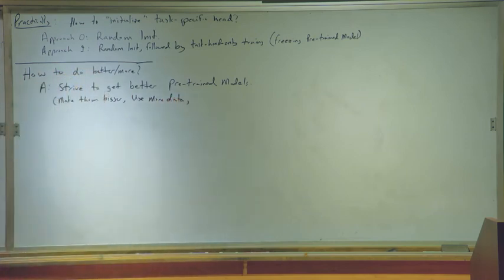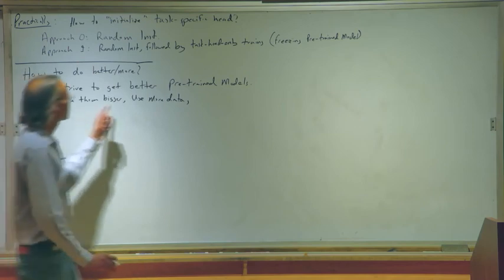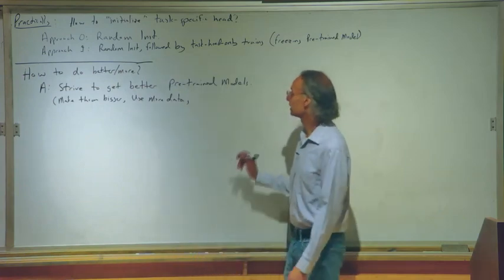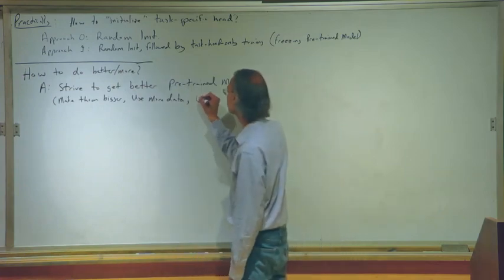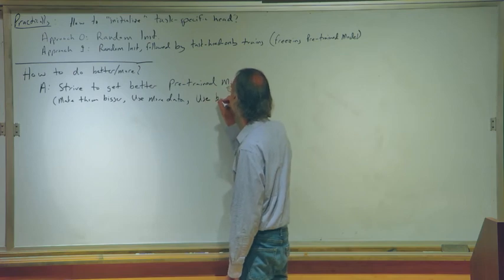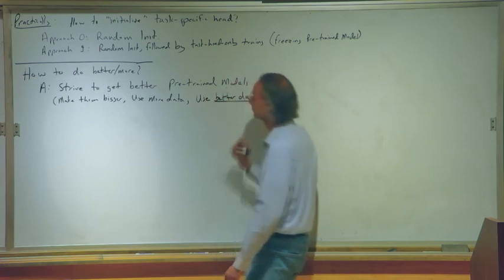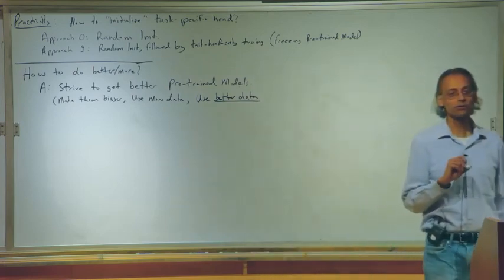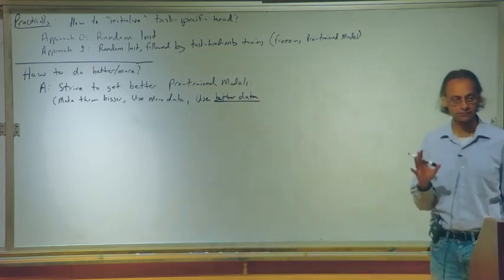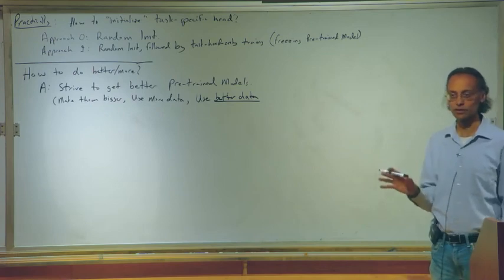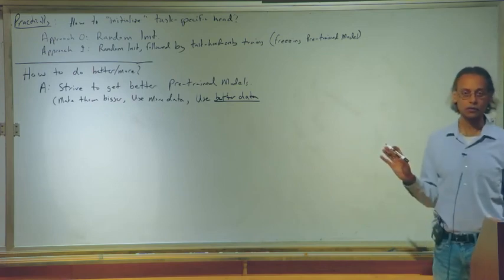Okay? There are a few other important things here that I want to mention. Instead of just making them bigger and using more data, you can also use better data. So if you have a way of telling that you have data of different levels of quality, maybe you want to use data that's higher quality.